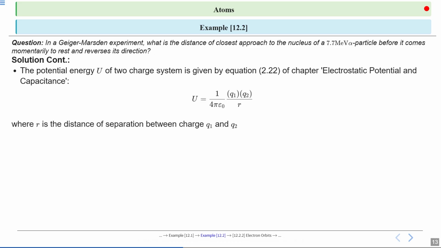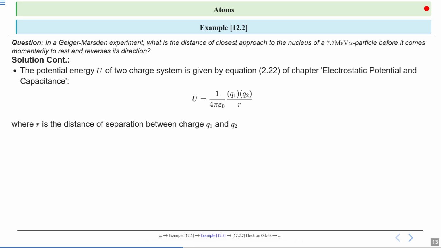So here is the formula for the potential energy between two point charges. U equals 1 by 4 pi epsilon naught, Q1 Q2 upon R. In this equation, Q1 and Q2 are the charges in coulombs, and R is the distance between them, or we can say the distance of separation between two charges when both are at rest. The nucleus is at rest, and the alpha particle comes to rest for a moment.